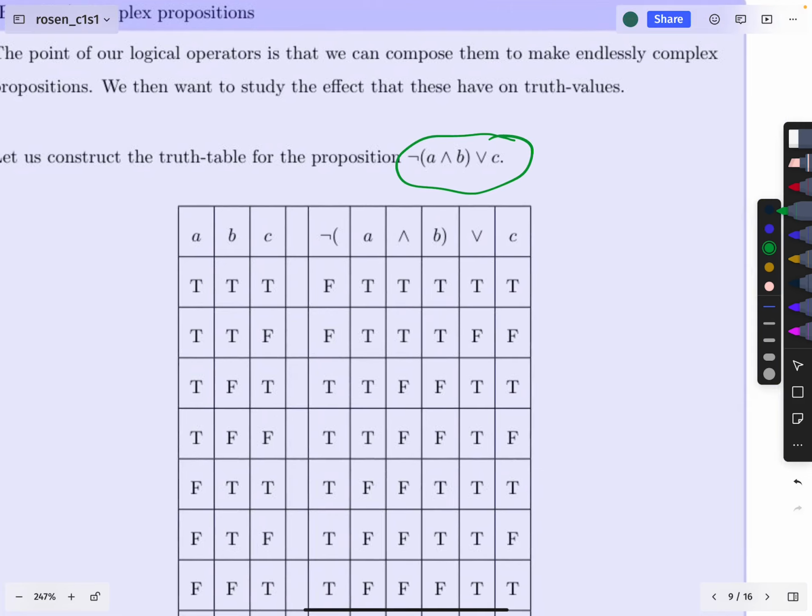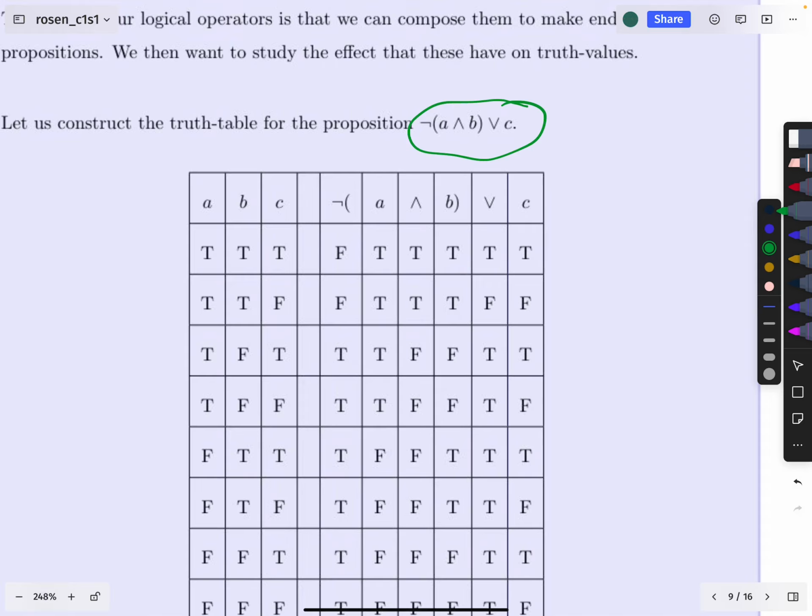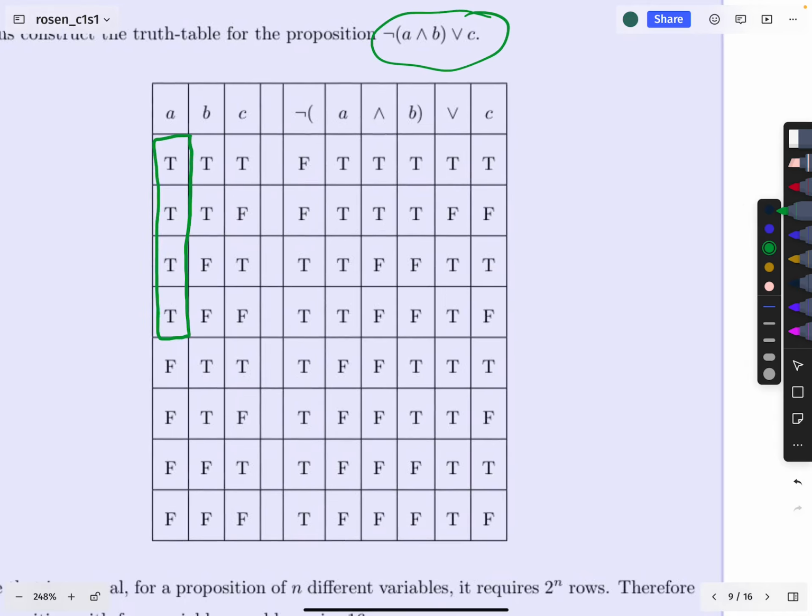The reason it goes that way is to think about all of the possibilities for A, which are true and false. So A is going to have a true region and a false region in the table.